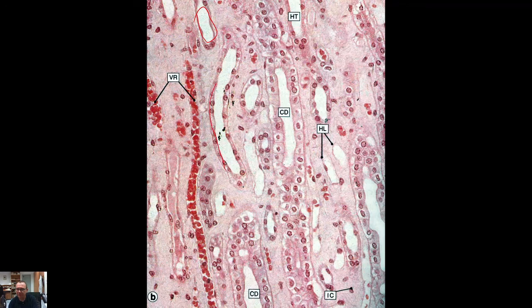On the other hand, a thick segment of the loop of Henle is, let's say, this, and this biggest thing is a collecting duct again.